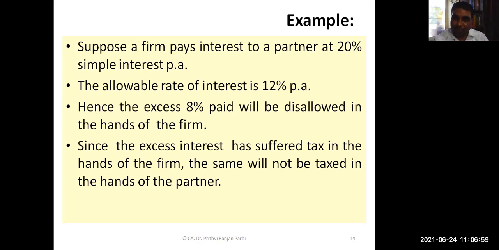Disallowed means that extra 8% will be treated as income. It will be added to the income of the firm, and the firm has to pay tax on this. Since the firm is paying tax on this, the same interest will not be chargeable to tax in the hands of the partner. Since the excess interest has suffered tax in the hands of the firm, the same will not be taxed in the hands of the partner. I hope you have understood this concept.